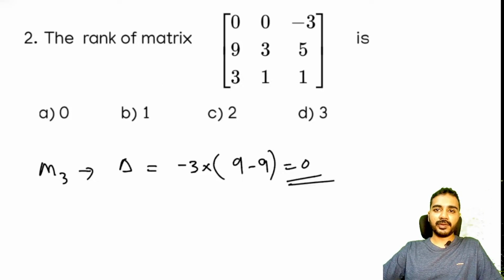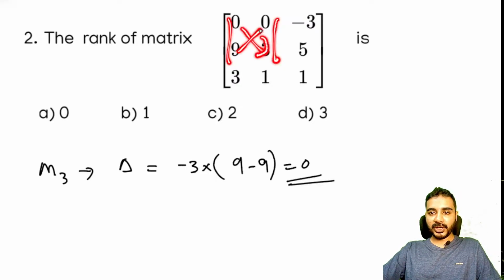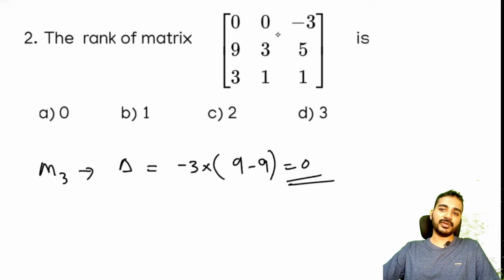So what's the next step? Now we need to calculate minor of order 2. That is considering 2 rows and 2 columns. If I consider this element, then 0 into 3 minus 0 into 9, which is giving a determinant value of 0 for this minor.